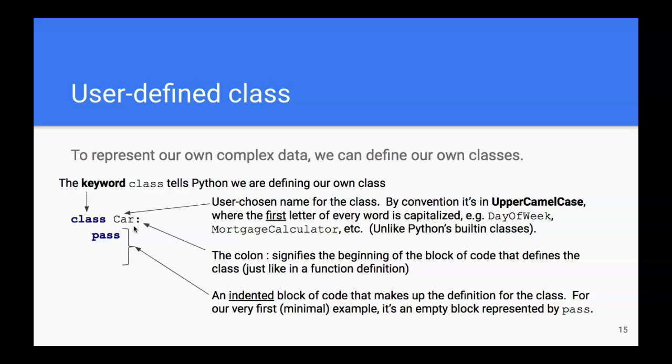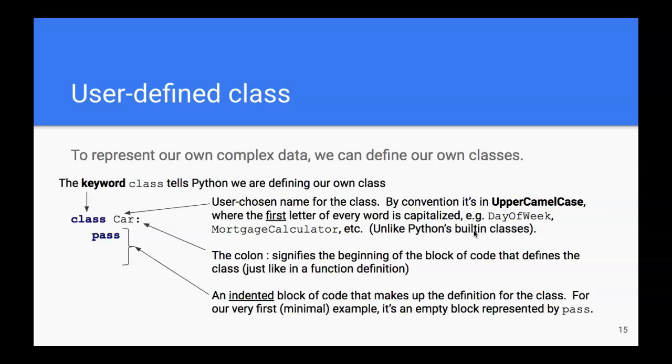This is only one word, so we capitalize C. If you define a class that represents the day of the week, then you capitalize D, O, and W. For a mortgage calculator, then you capitalize M and C. Obviously you don't use spaces in the name, and we also don't use underscores as in the case of snake case style.